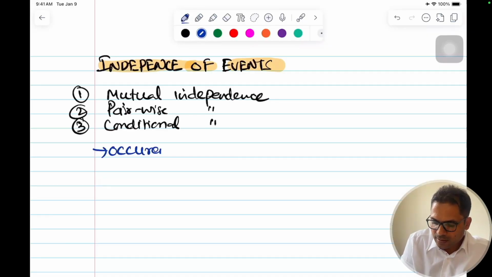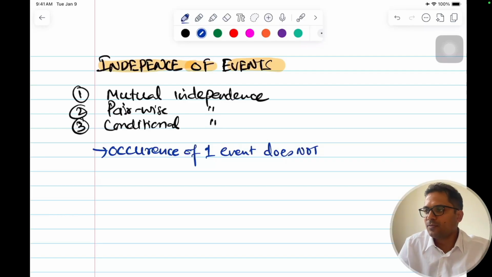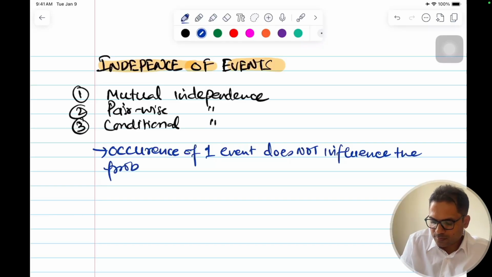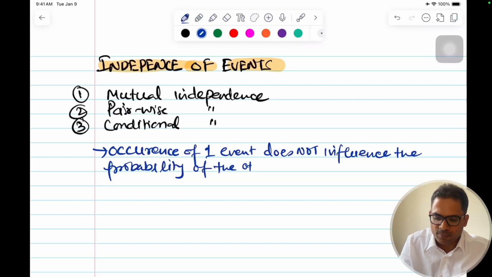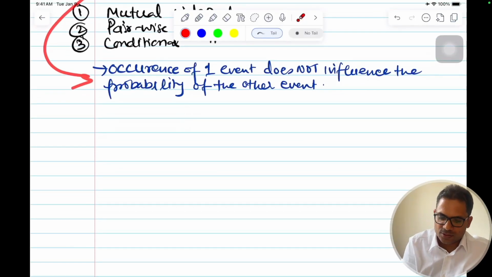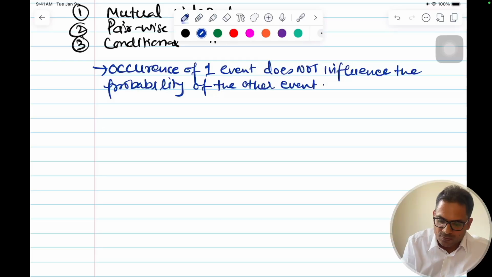Independence means the occurrence of one event does not influence the probability of occurrence of the other event. This is what, in short, independence means. Let's see the first one, which is mutual independence.